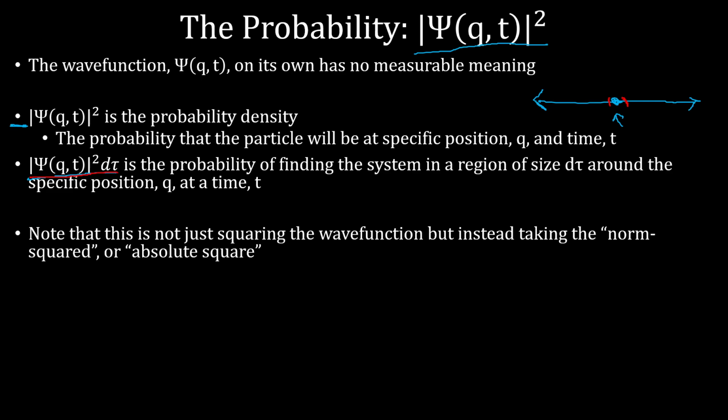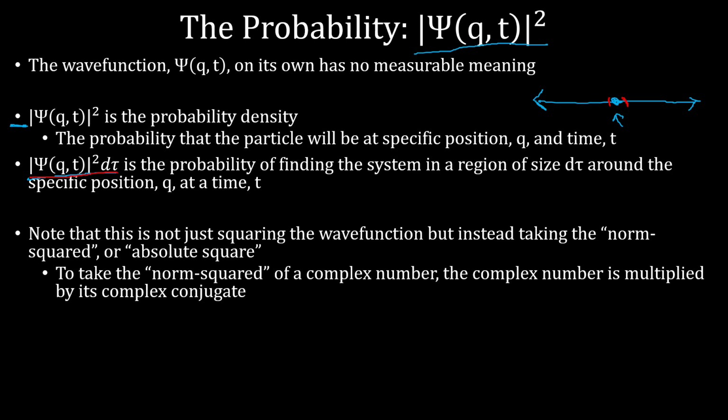So now, going forward, we want to note that this is not just squaring the wave function, but instead taking the norm square or the absolute square. You also may hear it as the modulus square, depending on what book you are reading. And what this means is to multiply a number by its complex conjugate.